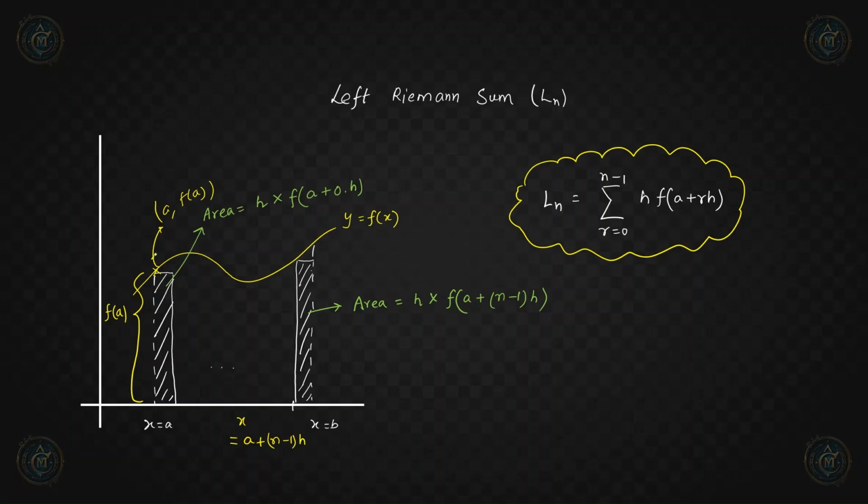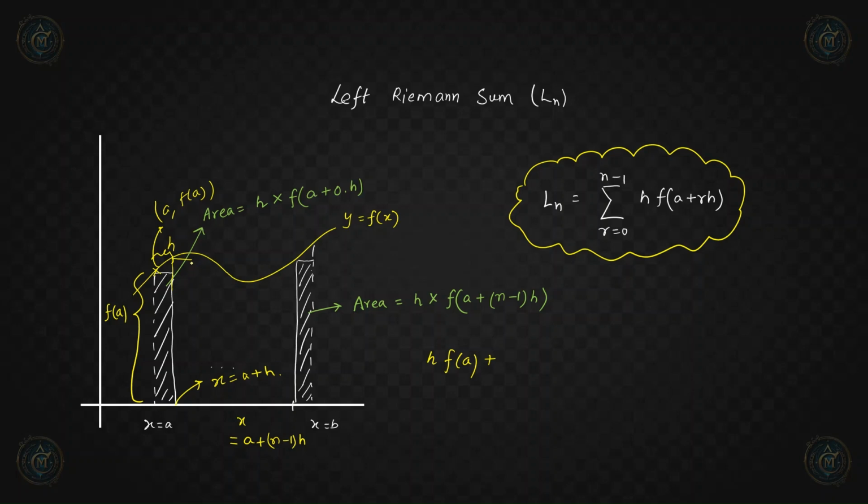This breadth, we discussed this, all these breadths are equal, so they are all equal to h, right? And so we have the area as h times f(a). Then for the next point here, this point is x equal to a plus h, right? So if we construct this rectangle, we drop a vertical line here, and from this point on this curve we move toward the right side.